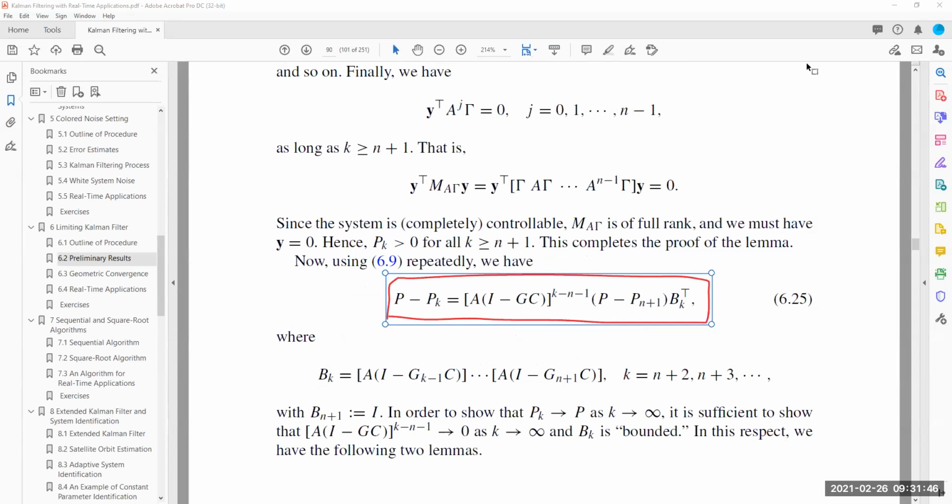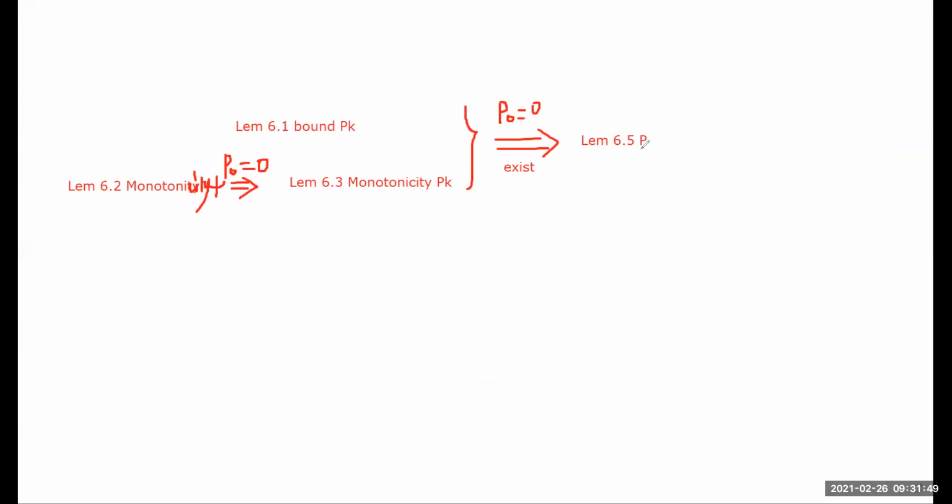So let's go back to here. Then basically from lemma 6.5, you're using lemma 6.4 by writing it in error form. Okay, it's an error form.